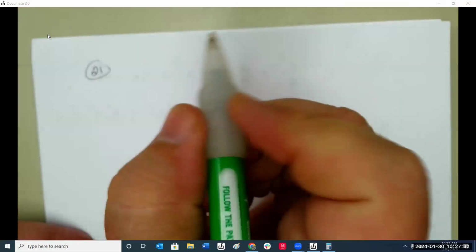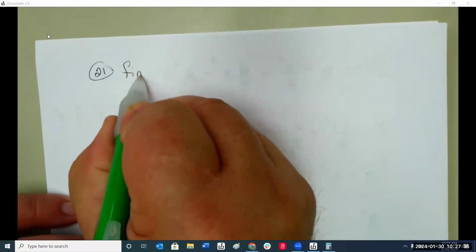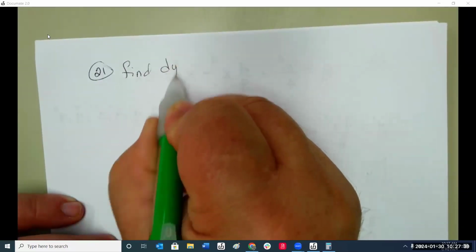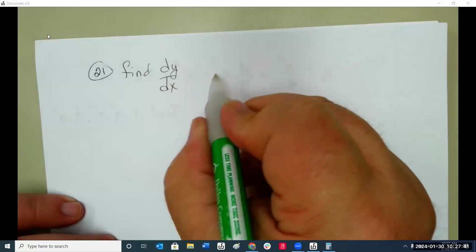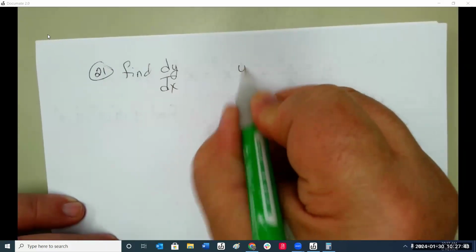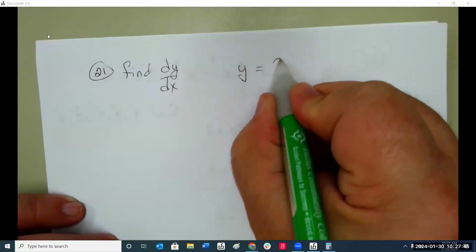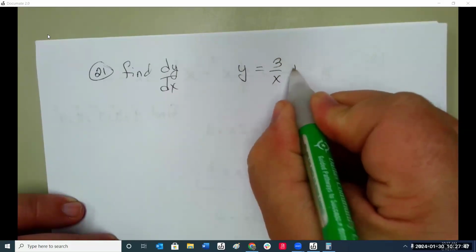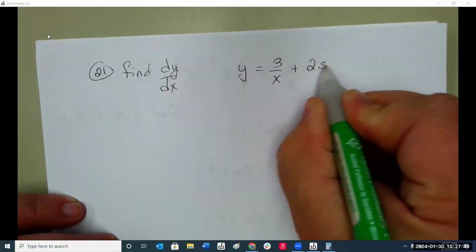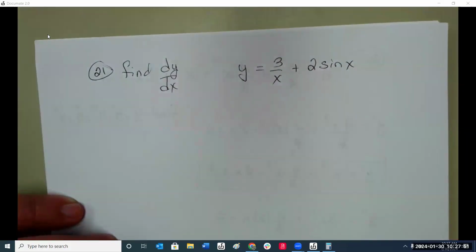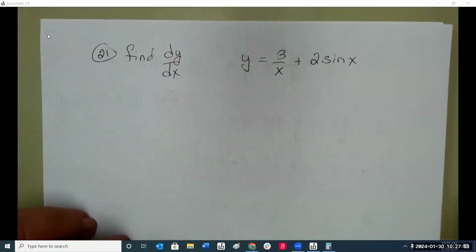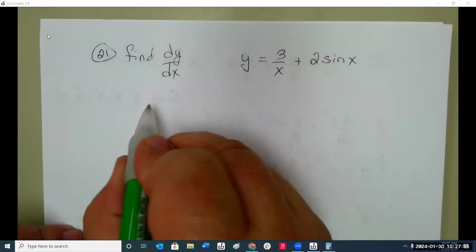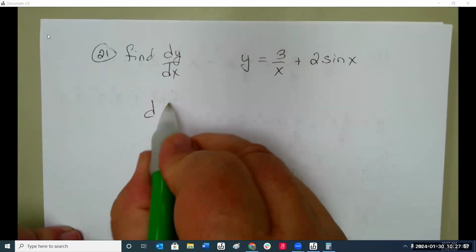Number 21. Find dy dx of this. It's really asking.